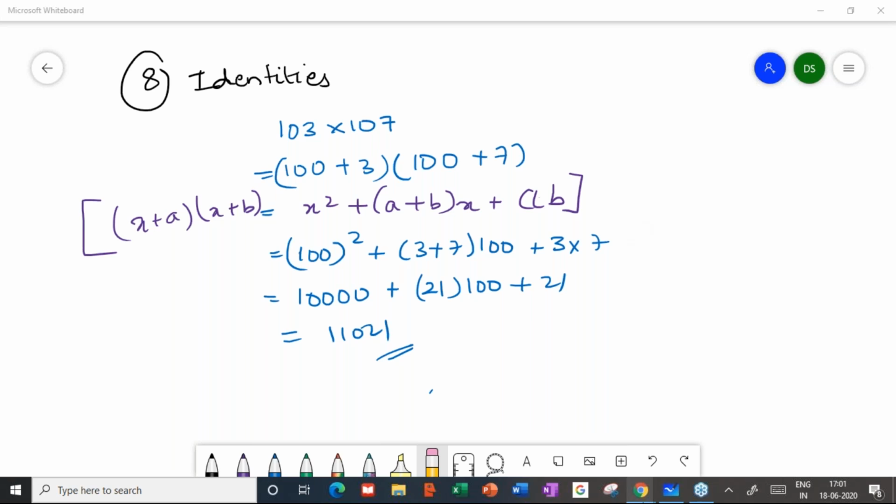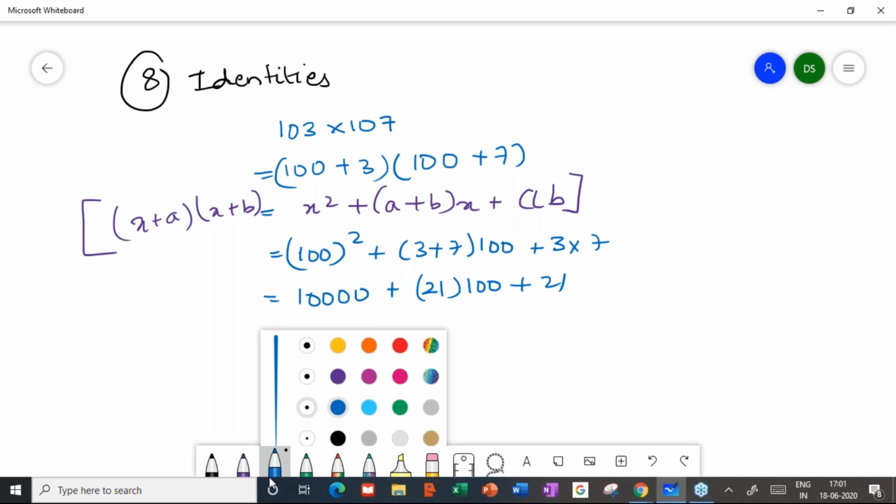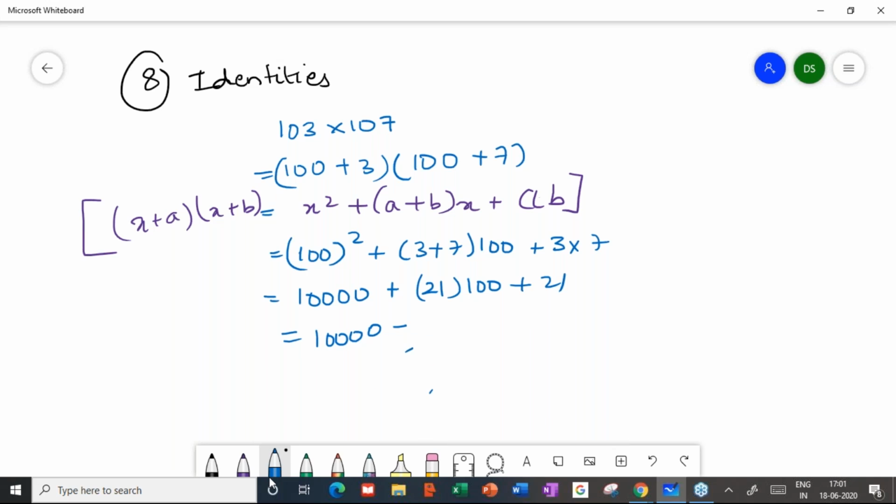Maybe this answer is not right. It will be 1, 2, 1, 2, 1, right? This will be the answer. So what I'll do is quickly write down the types of problems. 7 plus 3 into 100.